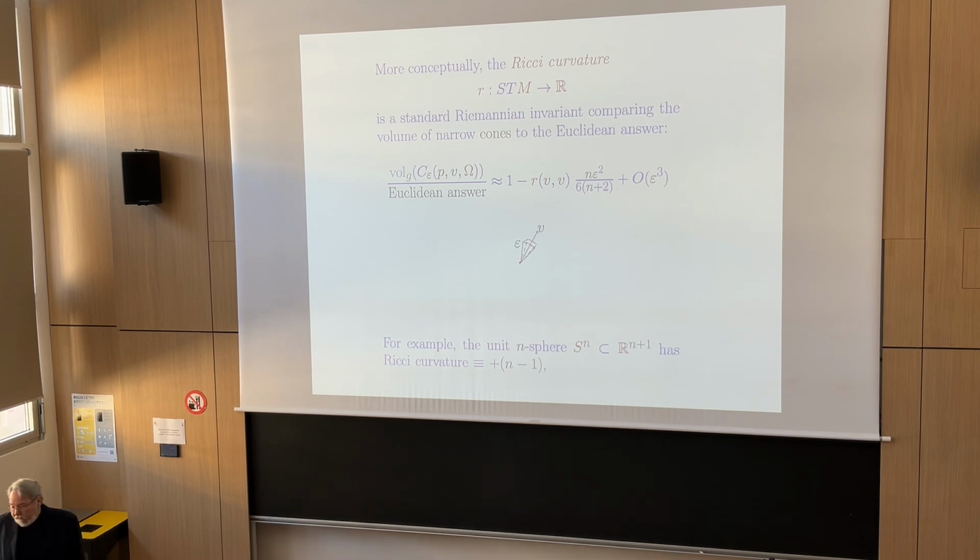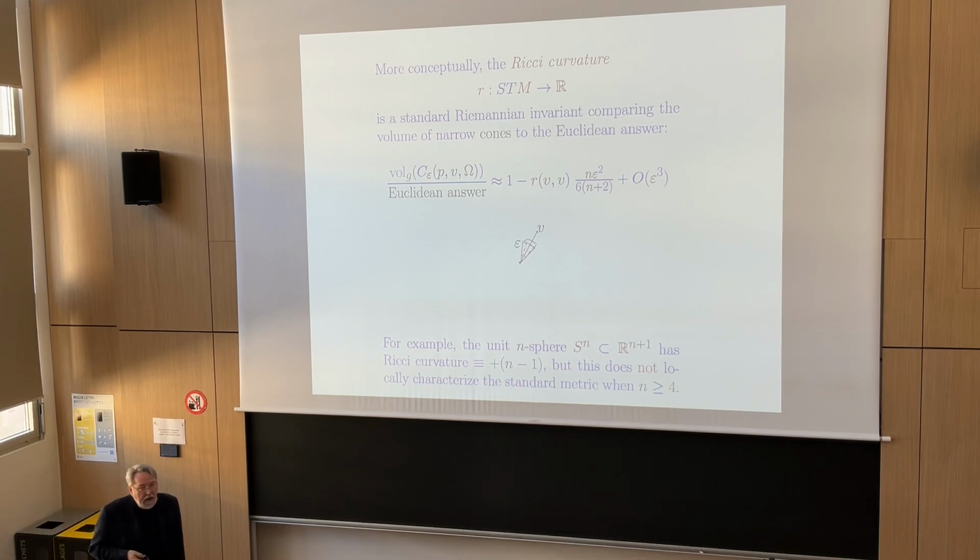All right, so for example, with this definition, you find that if you took the unit n sphere in Euclidean n plus 1 space with its induced Riemannian metric, then its Ricci curvature will turn out to be n minus 1. Identically, the function on the unit tangent bundle is identically n minus 1. But if the dimension n is bigger than or equal to 4, unlike the sectional curvature, this geometric condition is not enough information to characterize the metric.